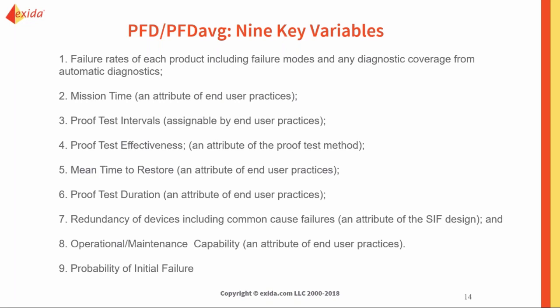So as a device manufacturer, you might not be able to give your customer all of the information in the PFD average calculation. However, you should be able to provide information such as the systematic capability, the failure rates, and the architectural constraints for your customers to be able to do these equations themselves.